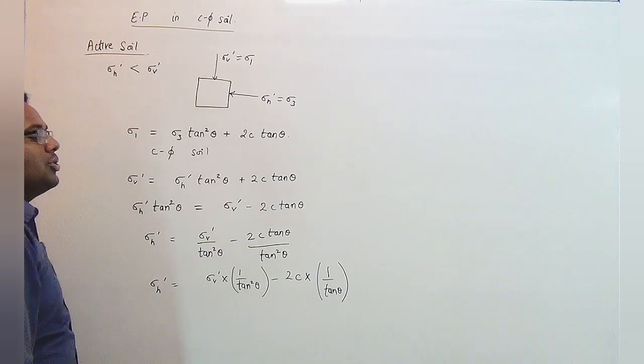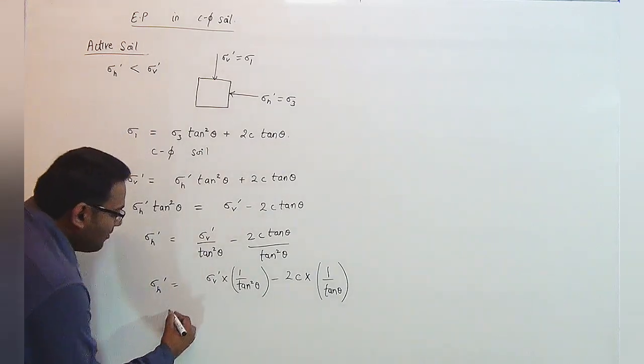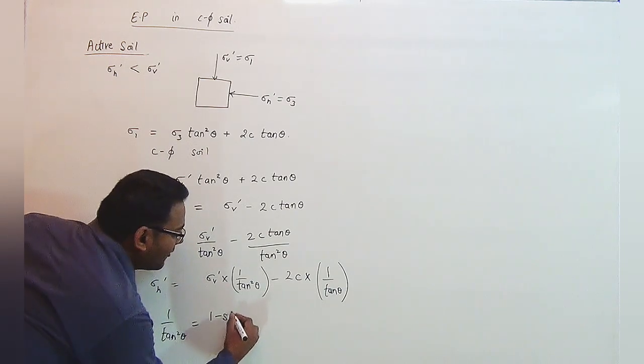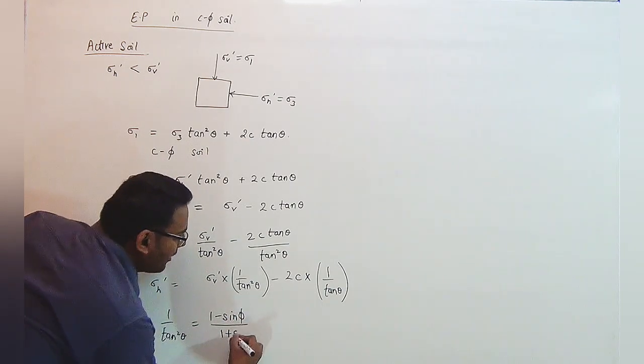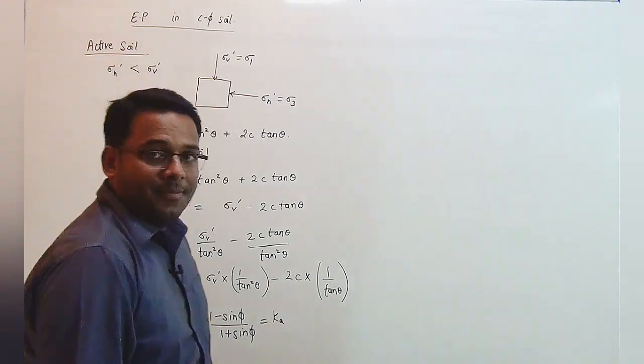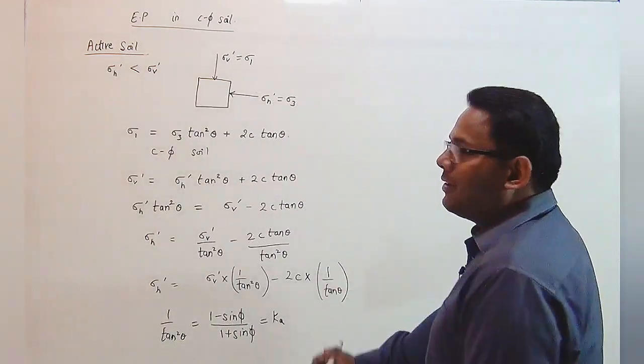In Rankine's theory, we studied that 1 by tan square theta is equal to 1 minus sin phi upon 1 plus sin phi, which is nothing but Ka, the coefficient of active earth pressure.